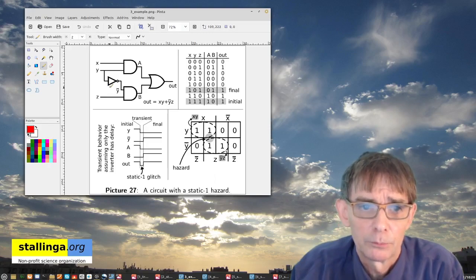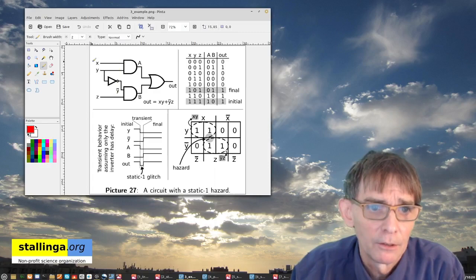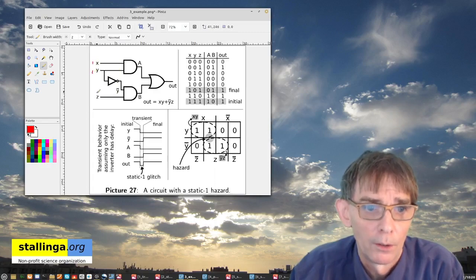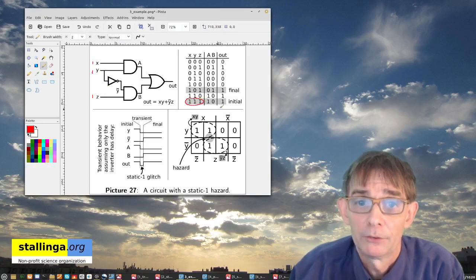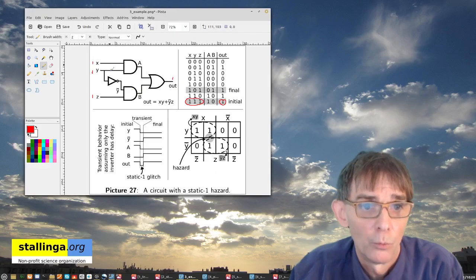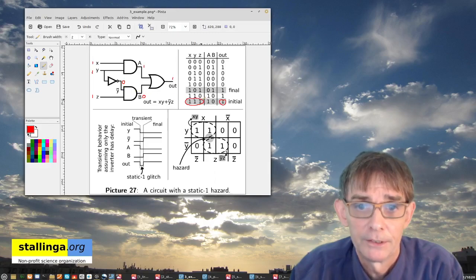Now why does this cause problems? Let's start. We have here 1, 1, 1 as the input values, and of course that will cause a 1 at the output. Actually what we have here, 1 and 1, we have a 1 here, and we have 1 and 0, that is a 0 here, so we have this initial state.